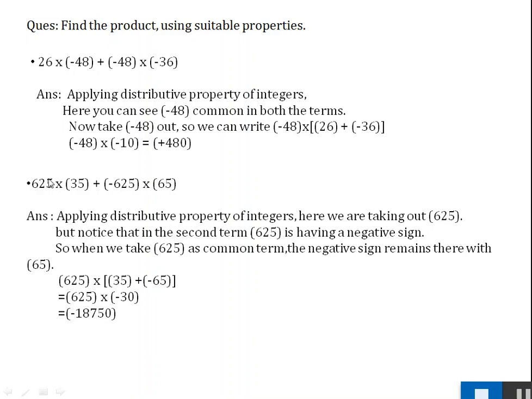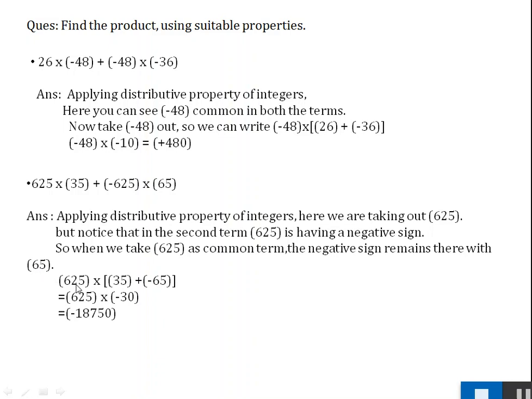When I take 625 out, here what is remaining is 35. From the second term, if I take 625 out, this negative sign also remains and this 65 also remains. Clear? So when we take 625 as common term, the negative sign remains there with 65.